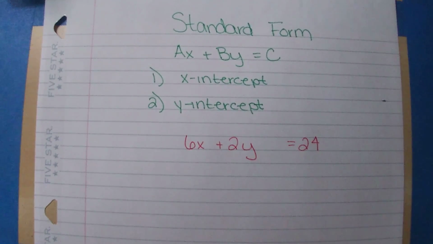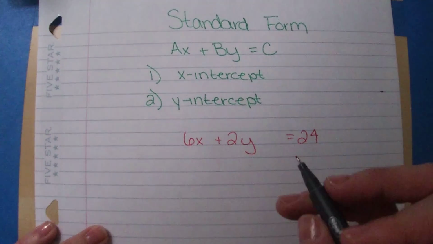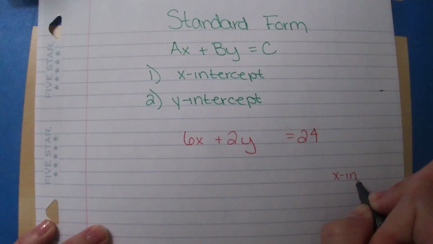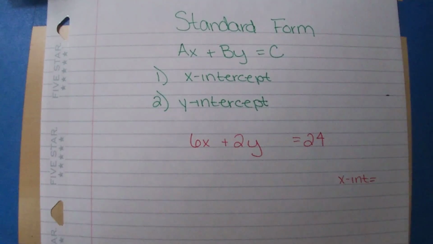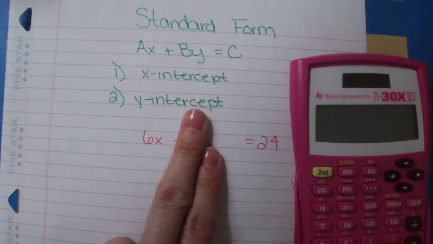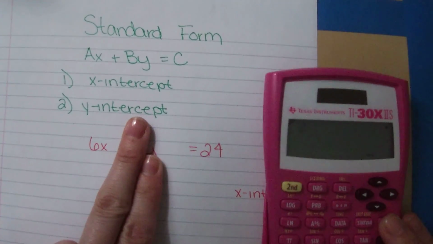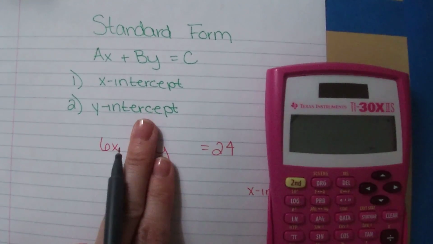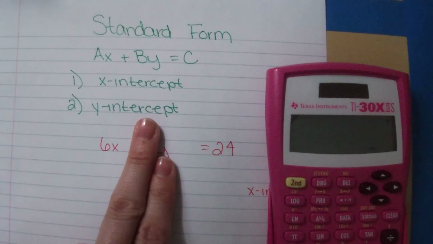To find the intercepts, we're just going to ignore the letter that we don't want to pay attention to. To find my x-intercept, I'm going to ignore the y. I'm just going to cover it up and pretend that it's not there. When I cover that up, I then see 6x equals 24.